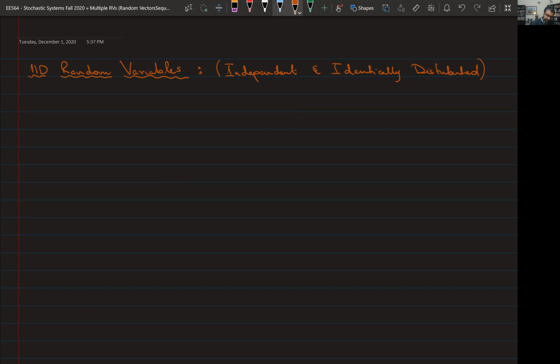So x1, x2, all the way up to xn are IID if they are all drawn from the same distribution and they are all independent.